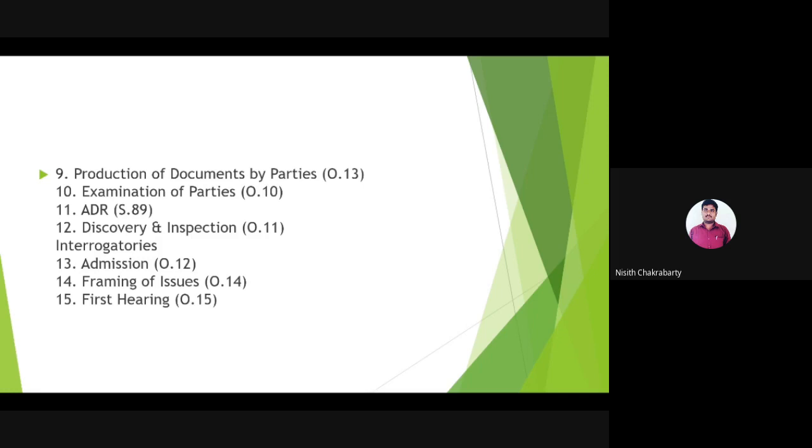After that, previously it was optional to send it to ADR under section 89, but right now, according to the Honorable Apex Court, it is mandatory to send it to ADR. Previously, only if there are any points for mediation or any points that court sees can be solved through ADR, then that was being sent for ADR.